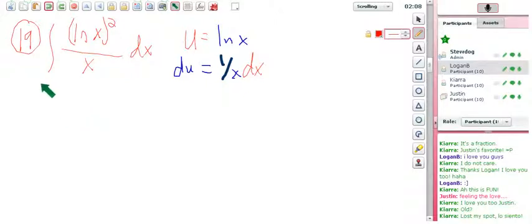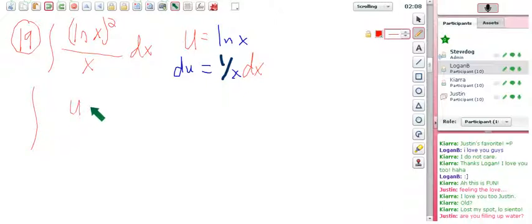Alright. So now we have the integral of u squared.